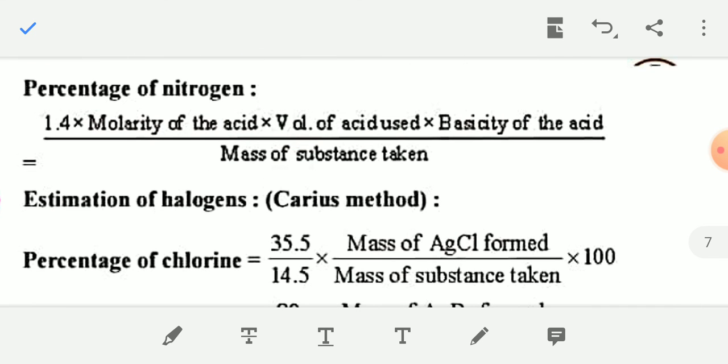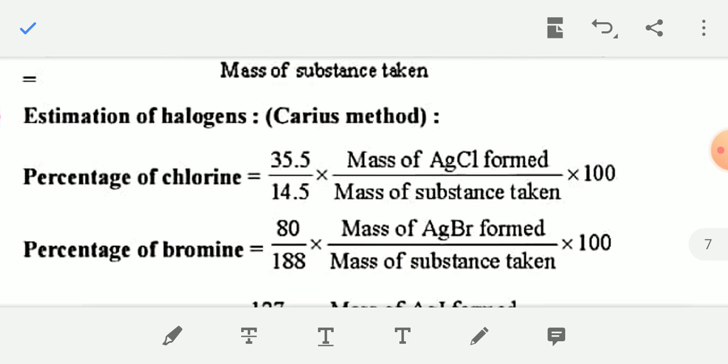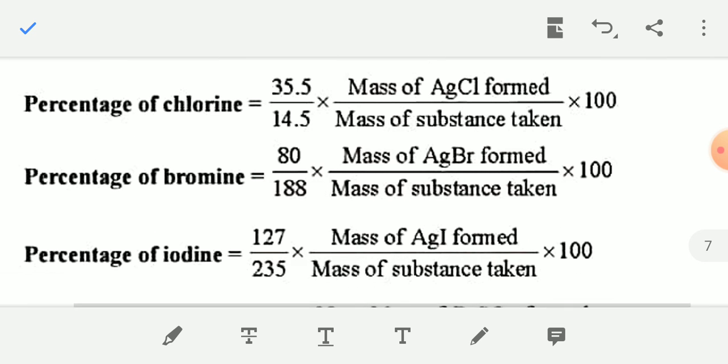Percentage of nitrogen equals 1.4 × molarity of the acid × volume of acid used × basicity of acid divided by mass of substance taken. This is the formula.